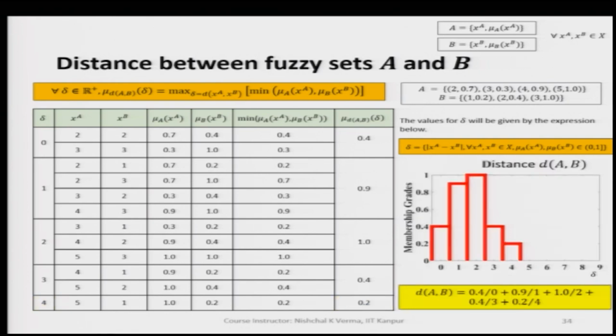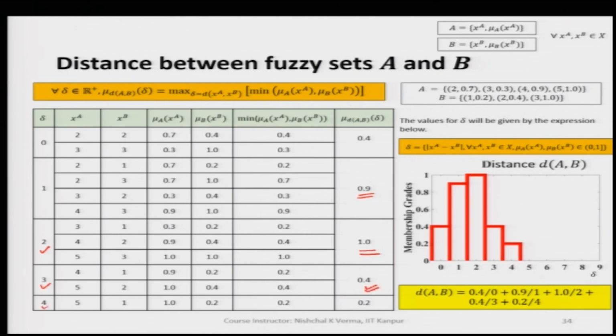Now we make use of these two columns. For delta equal to 0, the corresponding membership value is 0.4, and for delta equal to 1, the corresponding membership value is 0.9, and for delta equal to 2, the corresponding membership value is 1 here, and for delta equal to 3, the corresponding membership value is 0.4.